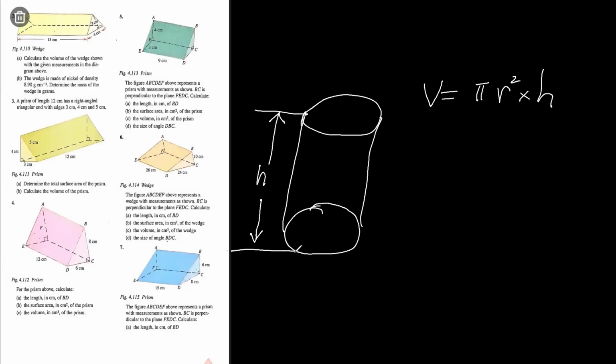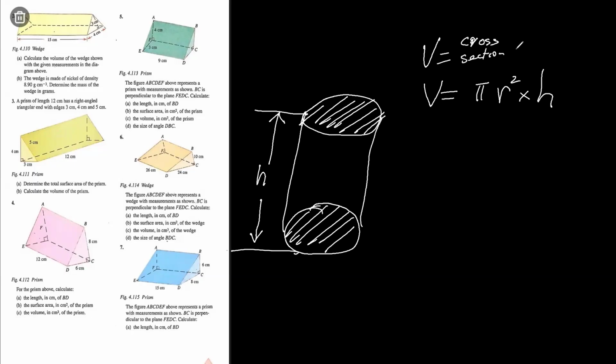But remember we said that a cylinder is a prism. And the volume of a prism is the cross-section area multiplied by the height.